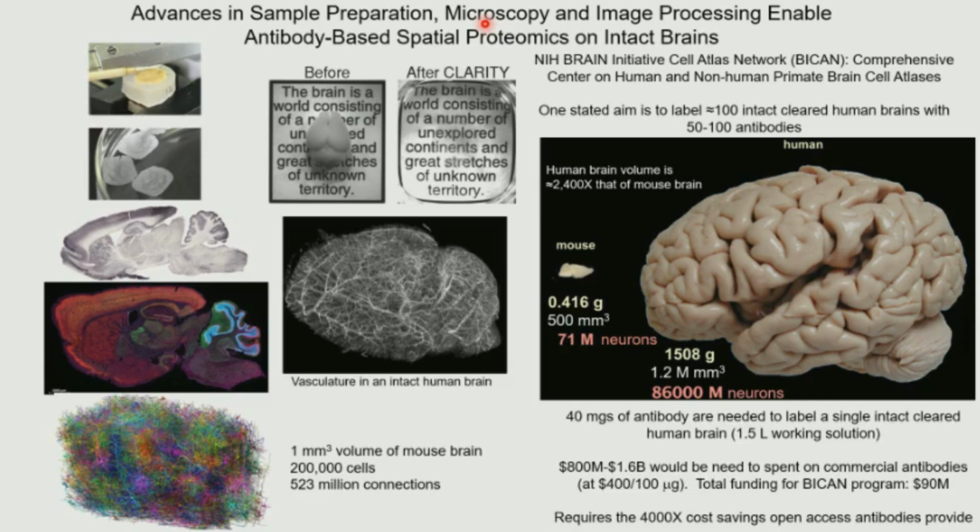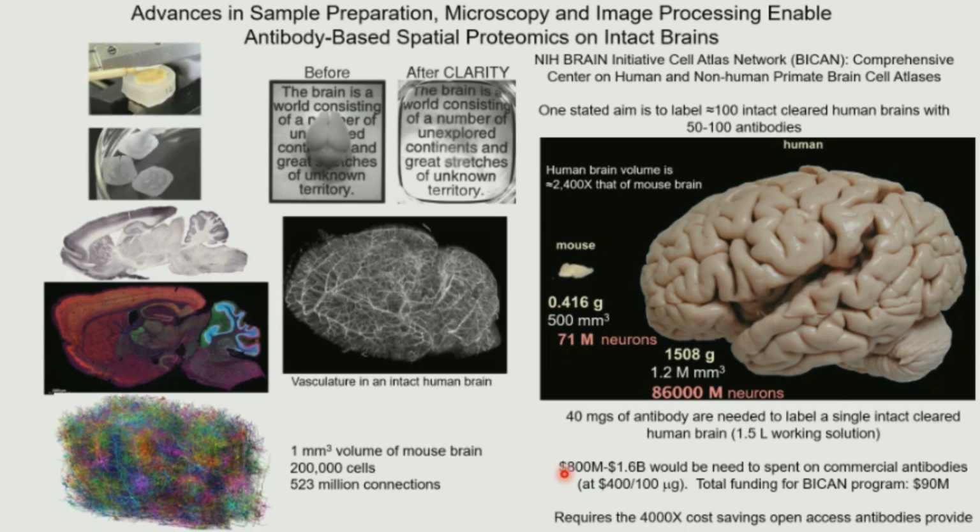Back of the envelope calculations are it'll take about 40 milligrams of each antibody to label a brain. The NIH is highly desirous of any antibody preparation only being used once, not reused. So I calculated that this would take somewhere between $800 million and $1.6 billion for the price of the primary antibodies alone.